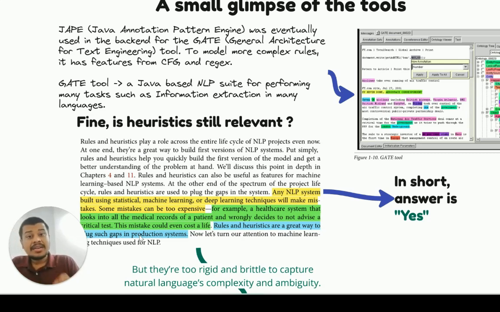Even in 2020, all the medical institutions were still relying on heuristics. And even now, in 2025, many hospitals and clinics rely on this kind of heuristics and rules-based NLP system to retrieve the electronic health records of their patients.